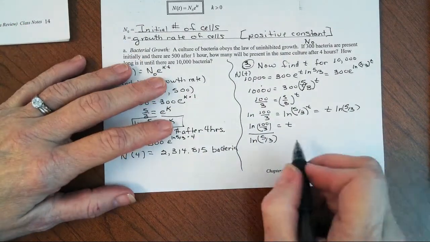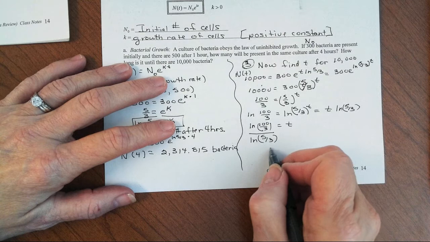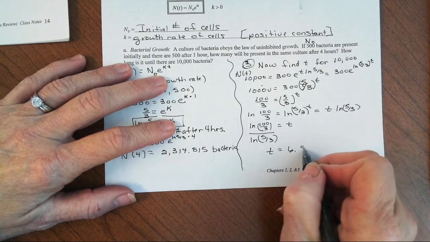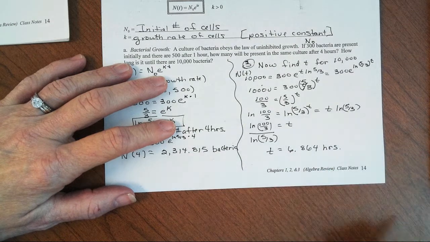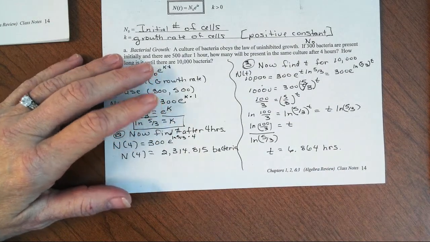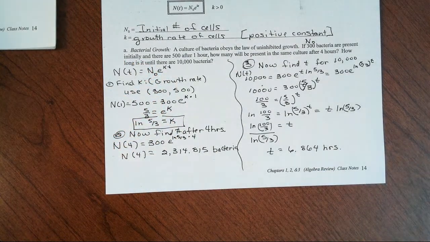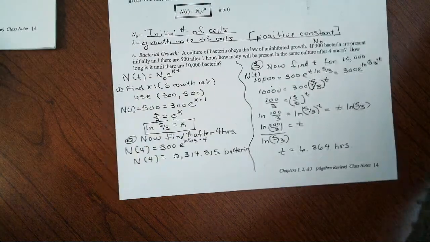That's what t will be. And when we do that, we find that t is equal to 6.864 hours. That's our time until we have 10,000 little bacteria.